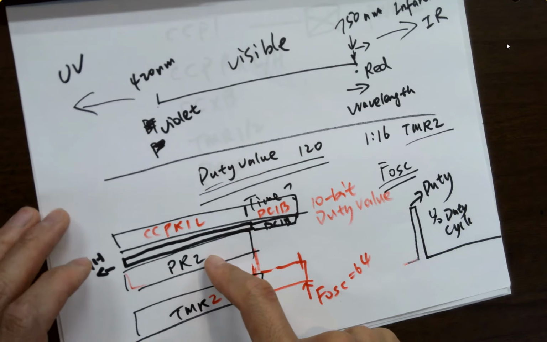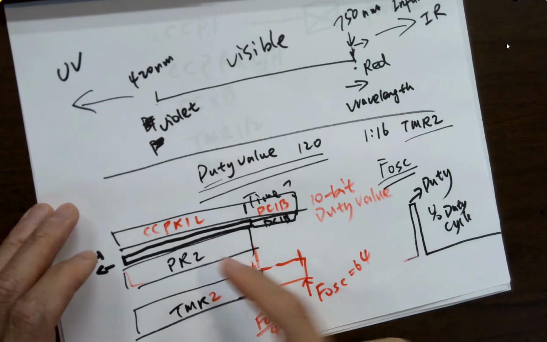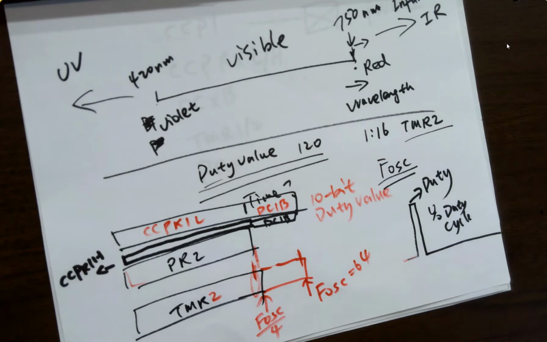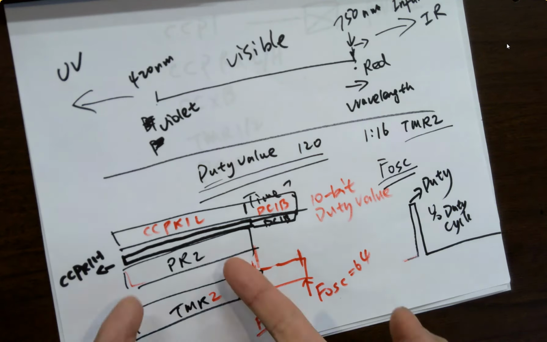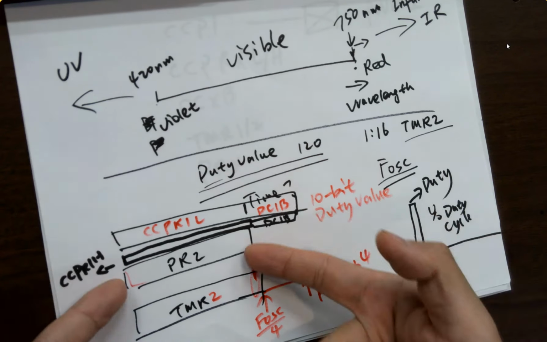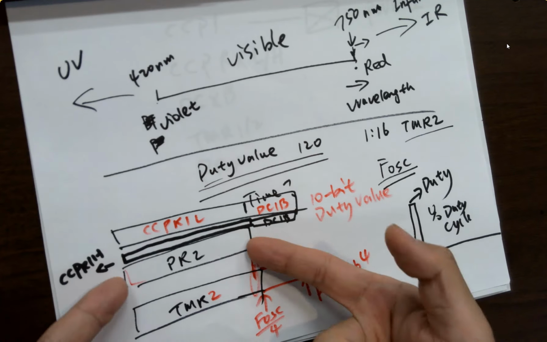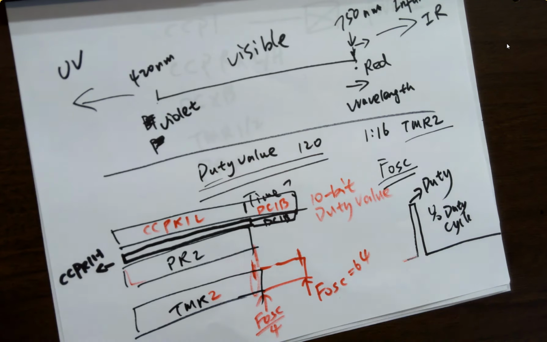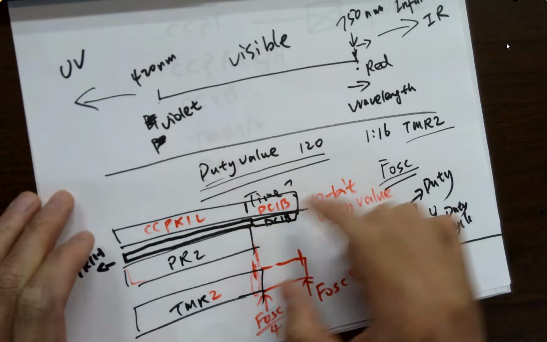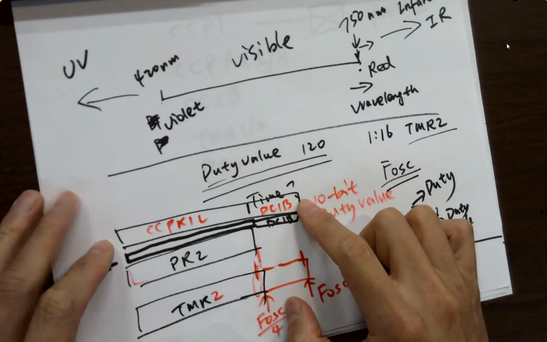Well, because your period is your high and your low. Why won't this surpass this? Like, 10 bits, this is 8 bits. Why is this not going beyond this? Because when you put in the duty value as an 8-bit value, it's shifted. Yeah, that's how that works, to fill in those lower 2 bits.